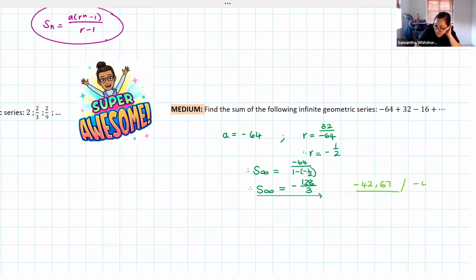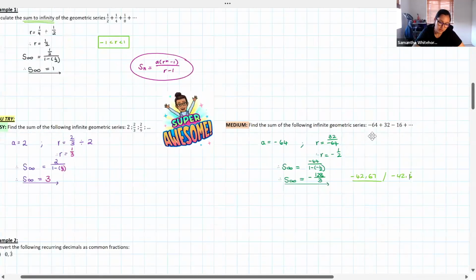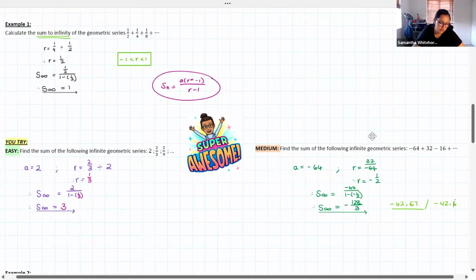If you wrote this as negative 42,6 recurring, because it's negative 42,66666, that's also fine. Like I say, you're not going to be marked wrong, but it is the more correct form of the answer, leaving it as a fraction. So try as far as possible, but it really isn't the end of the world. All right, so there are the two if you want to take screenshots.